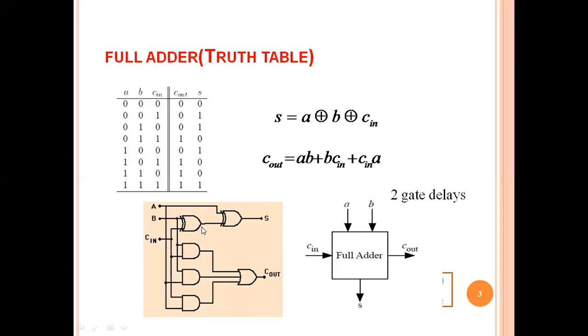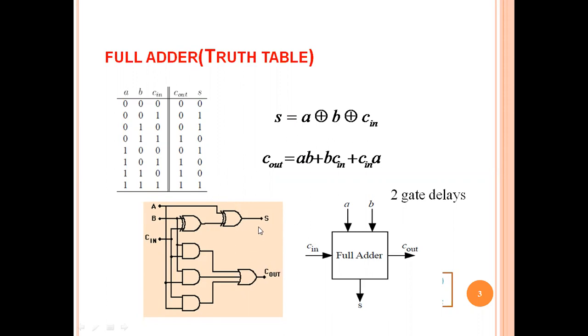So here we directly get the value of S. If we use a 3-input XOR gate, the delay for getting the summation will be 1 gate delay. But obviously the delay for getting the Cout will be 2 gate delays.